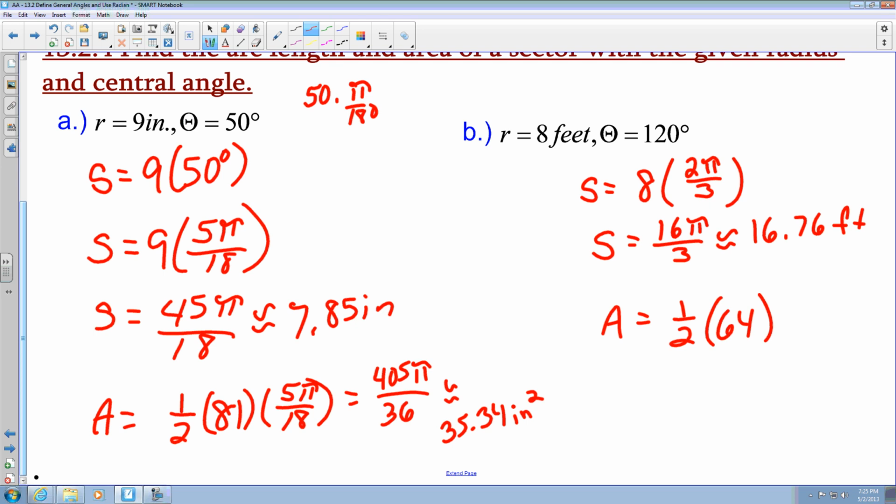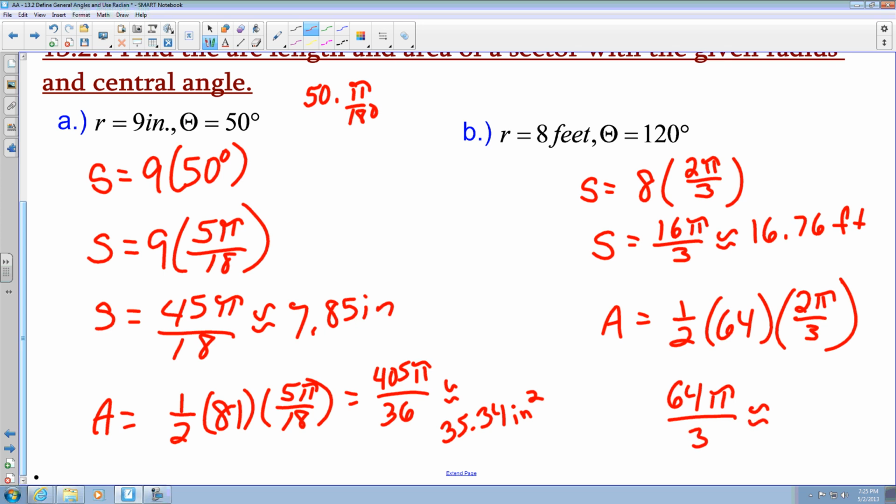That gives me 64. Multiply that by 2 pi over 3. So 64 times 2, divided by 6, gives me 64 pi over 3.